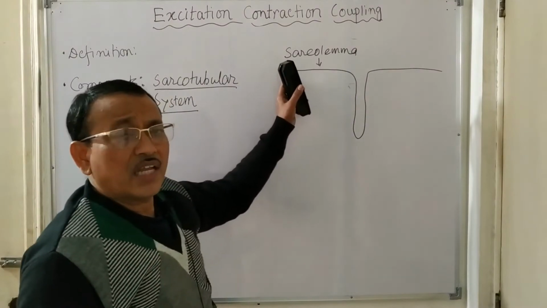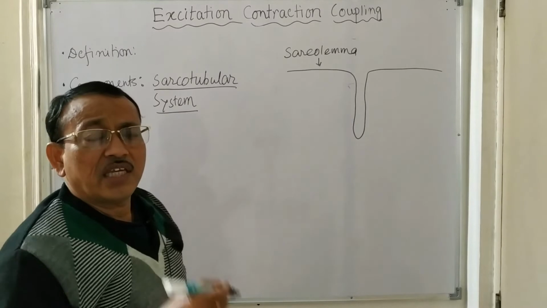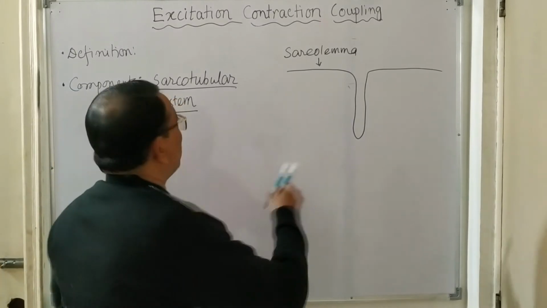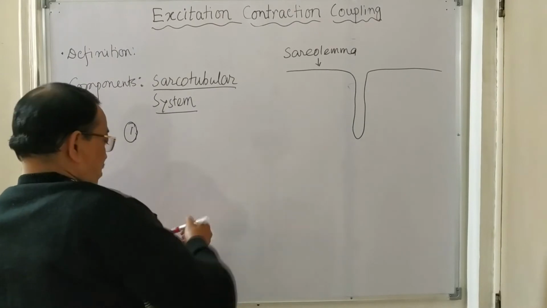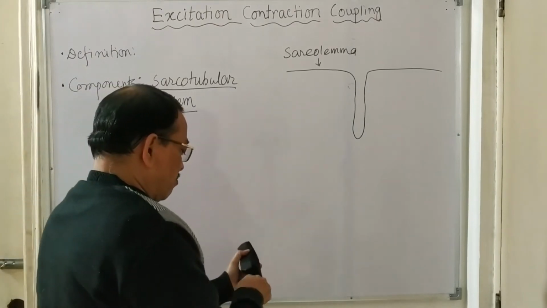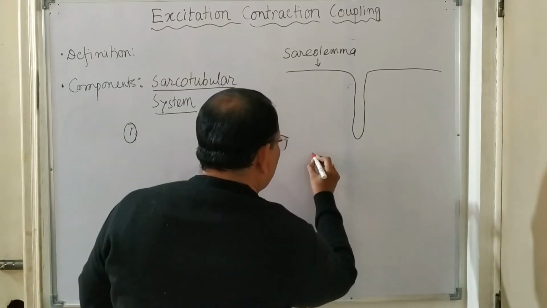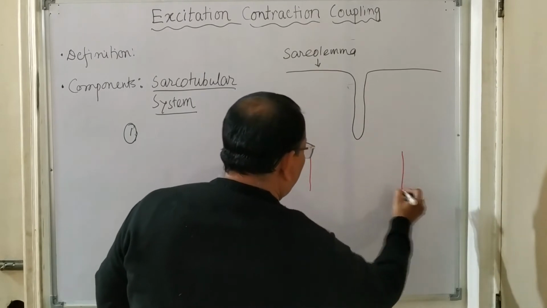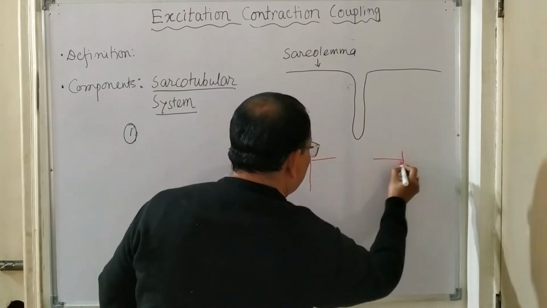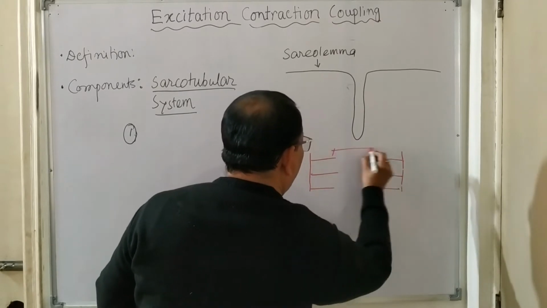Now the sarcolemma, or the muscle membrane, invaginates towards the myofilaments. They go deep towards the myofilaments. So here is the myofilament, the muscle contractile element.